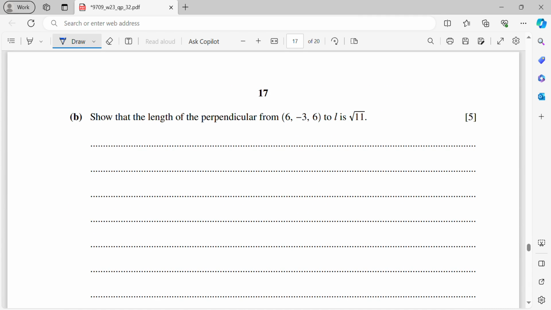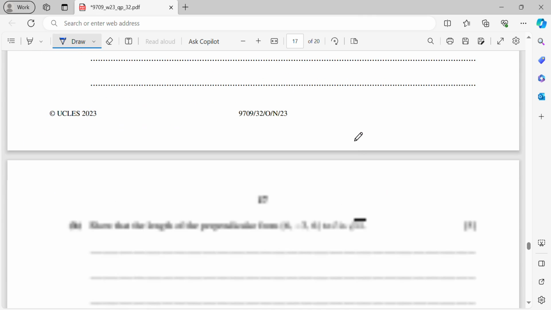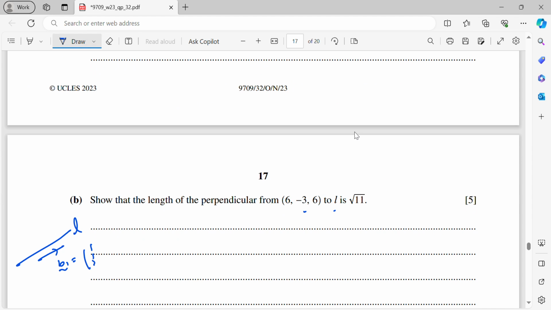Next question. Show that the length of the perpendicular from this point to L is square root 11. Okay, so now what to do here is I will rewrite my L. The B1, okay, go back to the L. The B1 is 1, 1, 2. So here is 1, 1, 2.